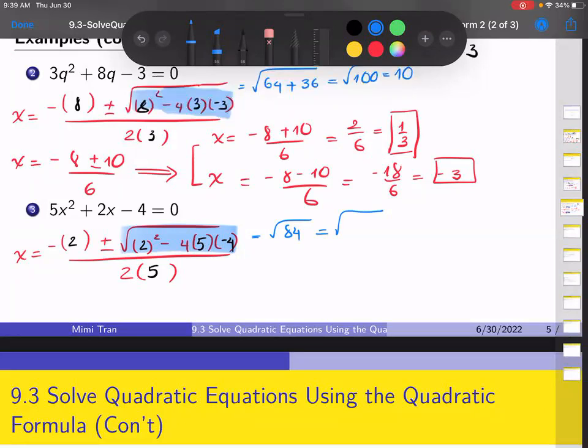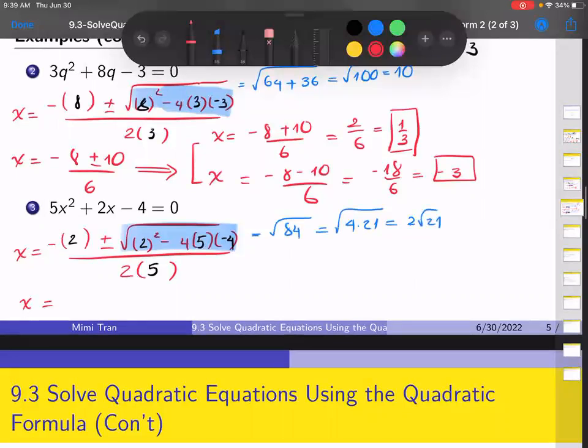Keep dividing by 2, so that you have 84 divided by 4 is 21. So 4 and 21, right? So the square root of 4 times 21 is 2 root 21. So we have x equals minus 2 plus or minus 2 root 21 over 10. Don't stop. What can I factor?